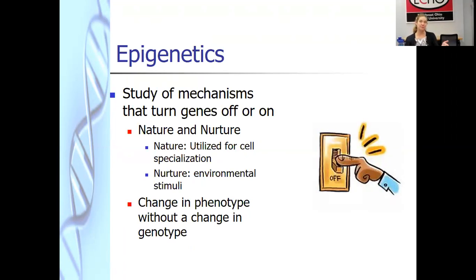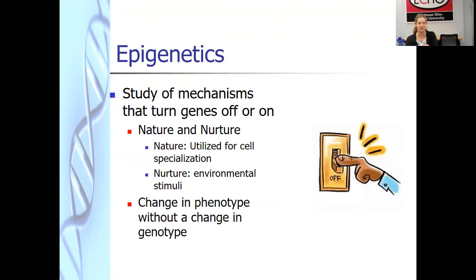Now, in looking back, that really shouldn't be a surprise. We have genetic code in every single cell of our body. And when you're developing as a fetus, we have cell specialization. So different genes are turned on to help create your eyes and your hair and your nails and your teeth and your liver. So that happens naturally.